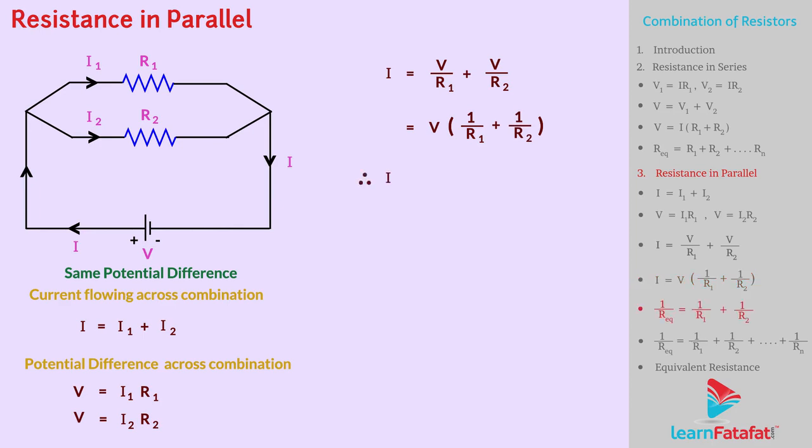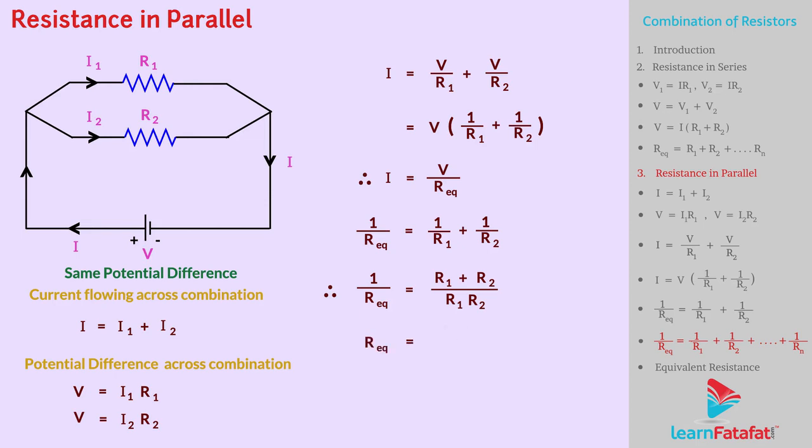Therefore, I equals V upon R equivalent. Hence, 1 upon R equivalent equals 1 upon R1 plus 1 upon R2. Therefore, 1 upon R equivalent equals bracket R1 plus R2 upon R1 into R2. So, equivalent resistance R equivalent equals R1 R2 upon R1 plus R2.